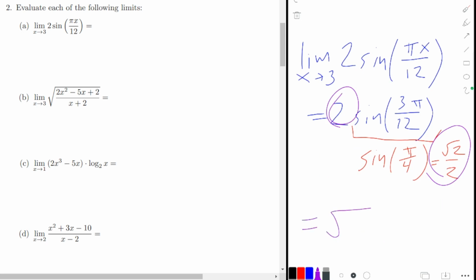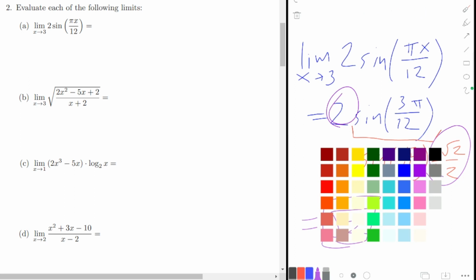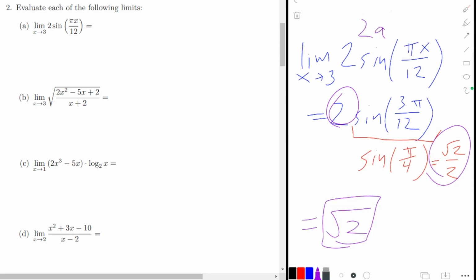We get square root 2. And that is the answer to 2a. I guess you can't really read it up there. Sorry. That's how you do it. Direct sub.